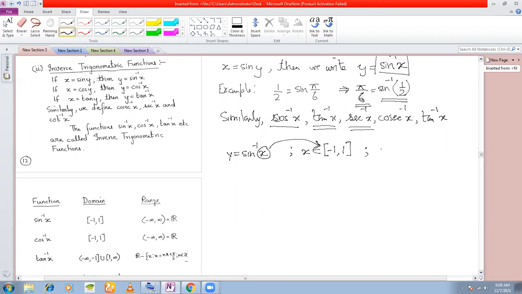Okay, and y will always lie between minus infinity and infinity. That is, y will always be any real number. Okay, the value of y, that is the value of sine inverse x, can be any real number. Similarly, if you have y is equal to cos inverse x, it's the same thing. That is, x will always lie between -1 and +1.